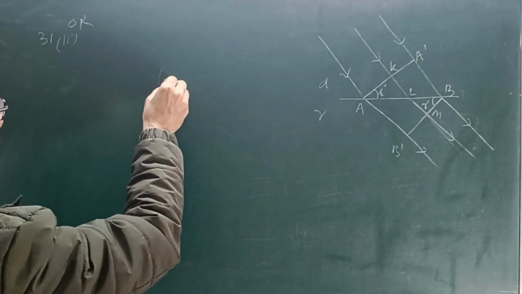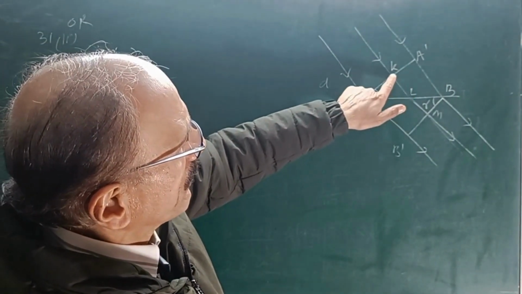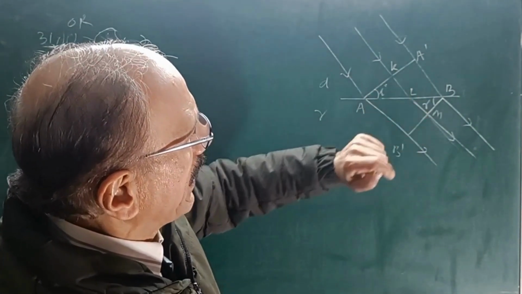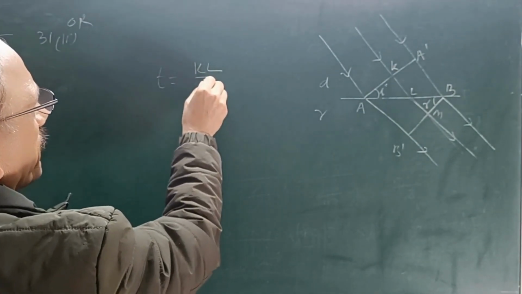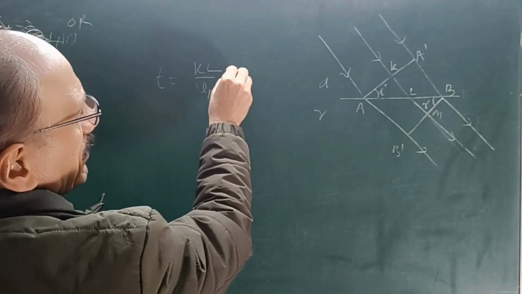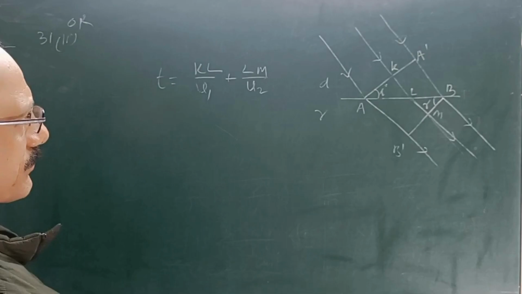So time taken to reach the wavefront from K to M via L will be equal to KL upon the velocity in the first medium plus LM upon the velocity in the second medium.